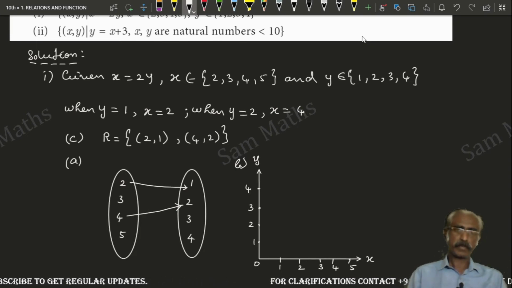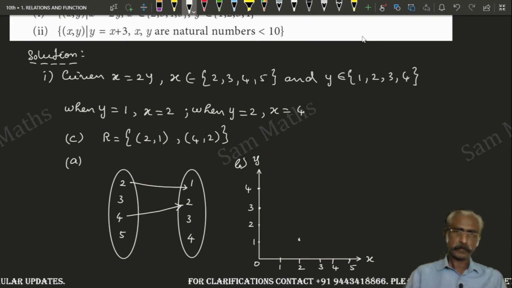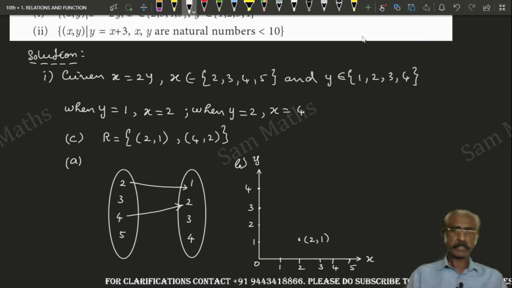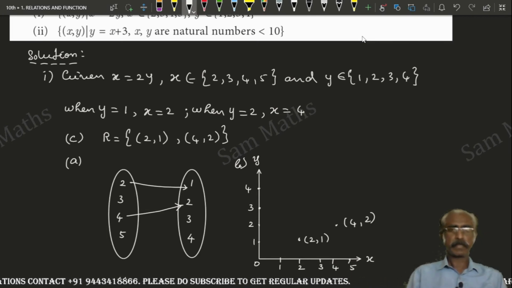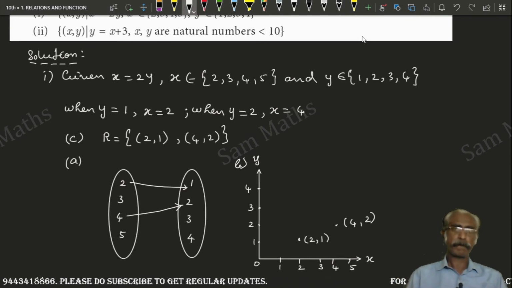Now the ordered pairs are (2, 1). Okay, children. Next is (4, 2). Approximately I am taking it here. It's (4, 2). This is the graph and the previous one is the arrow diagram.